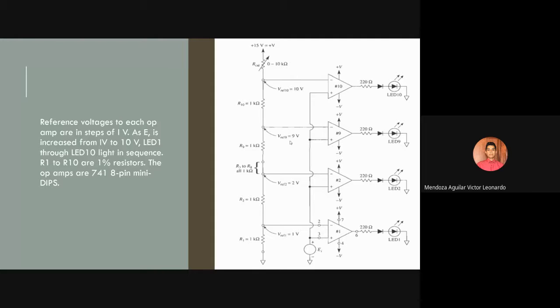R1 to R10 are 1% resistors. The operational amplifiers are 741 8-pin mini DIPs, and in the image you can see the LEDs, LED 1, 2, 9 and 10, and the operational amplifiers that are connected to the LEDs and do the function. Next, please.